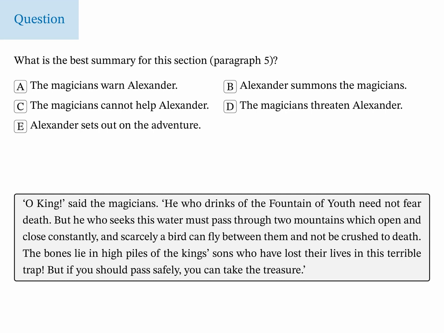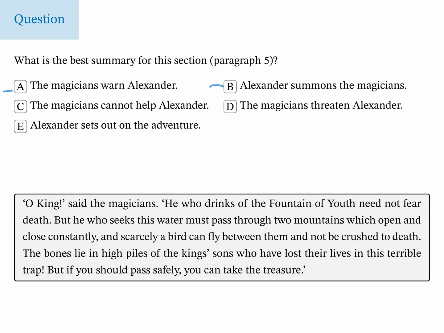Okay, a few more seconds. Great, so we've had some answers coming in for A and B. Let's have a look. What is the best summary for this section? Paragraph 5.